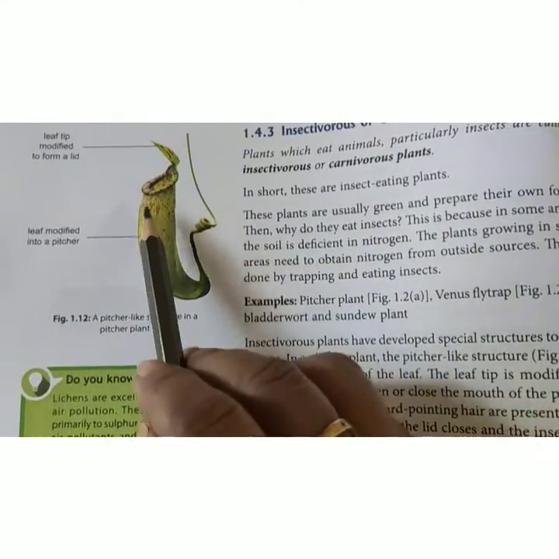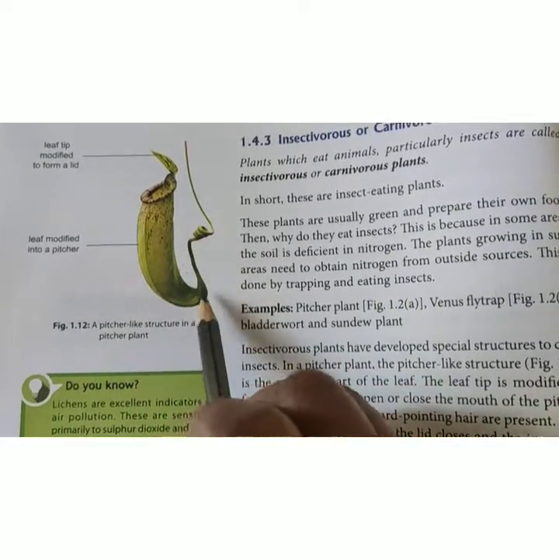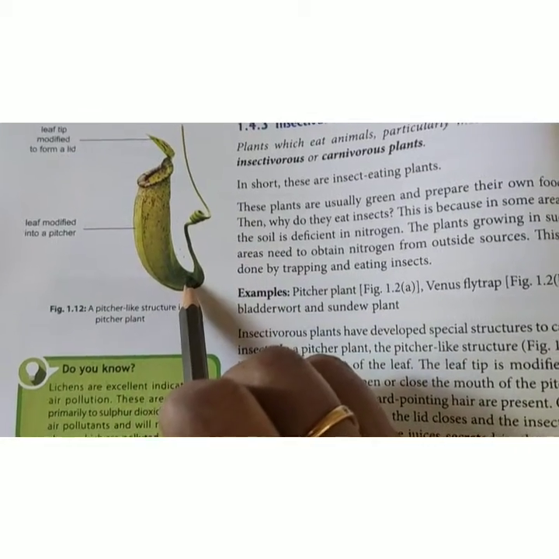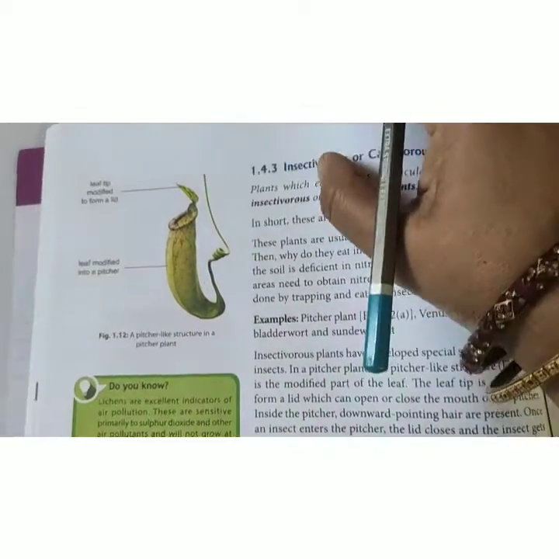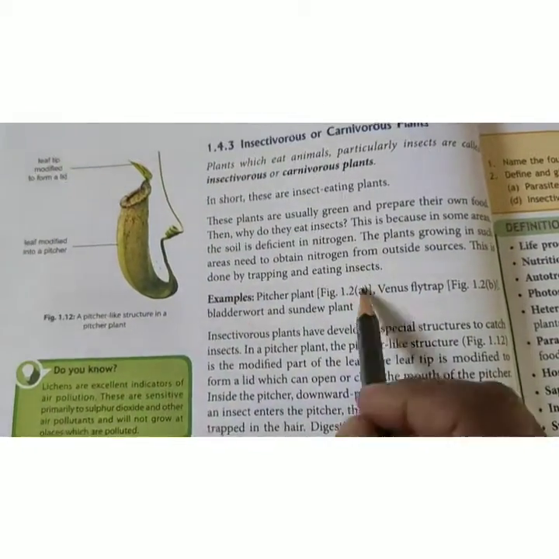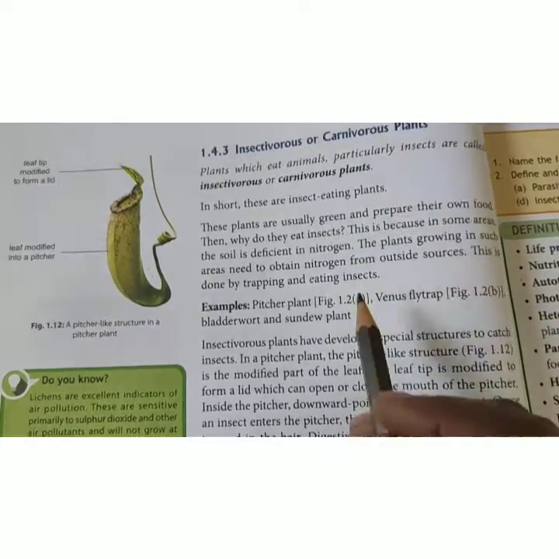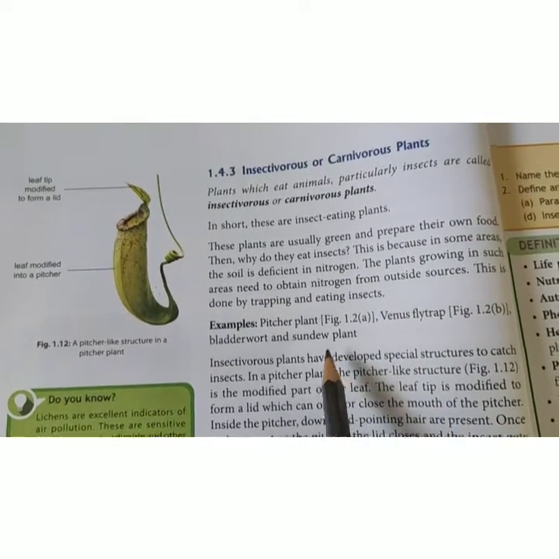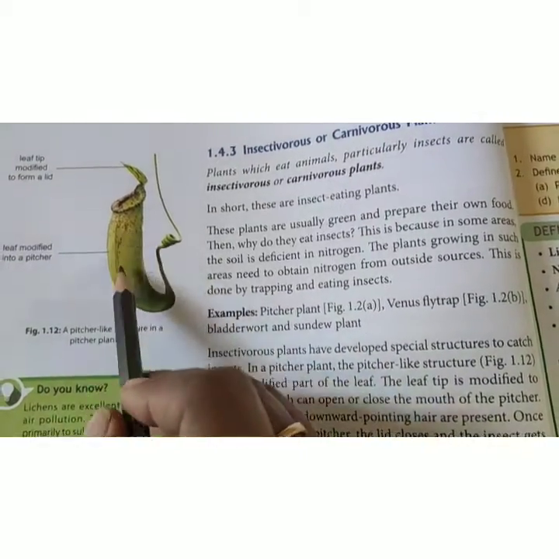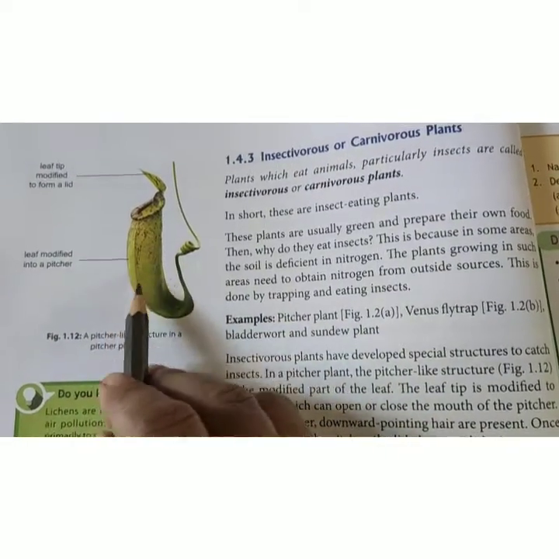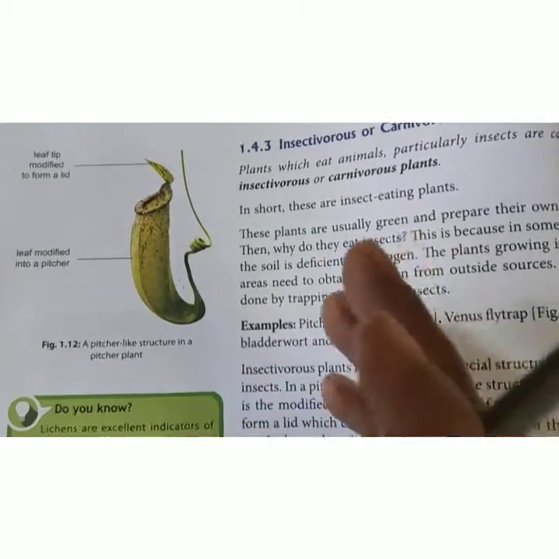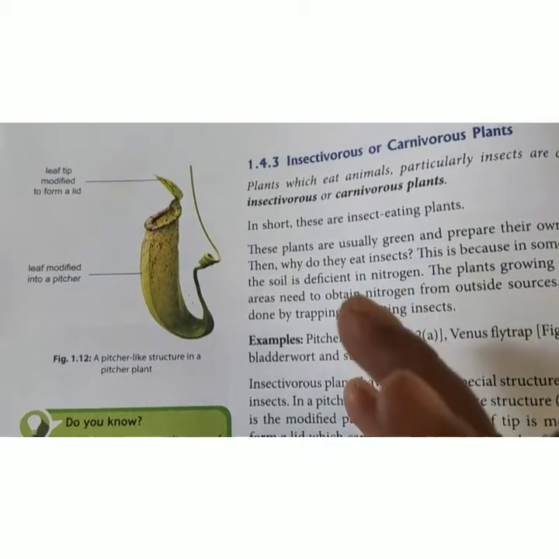Now this is an example of an insect eating plant, and it is known as a pitcher plant. So 2 examples I have shown before also: a pitcher plant and a Venus flytrap. If you see it before, you will get the Venus flytrap picture. So this is a leaf, modified in this form. It's a pitcher form. A pitcher is a thing where you take water.